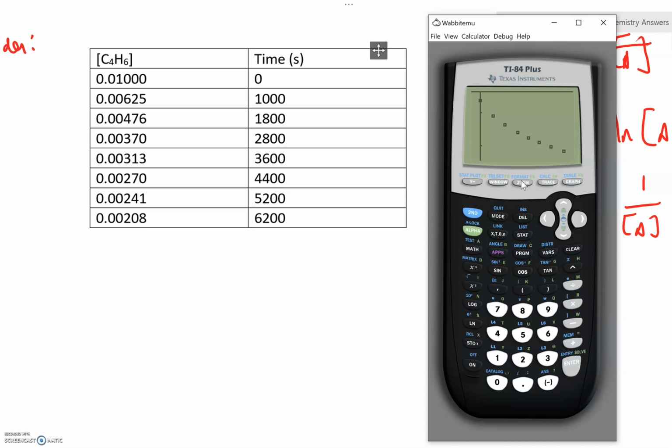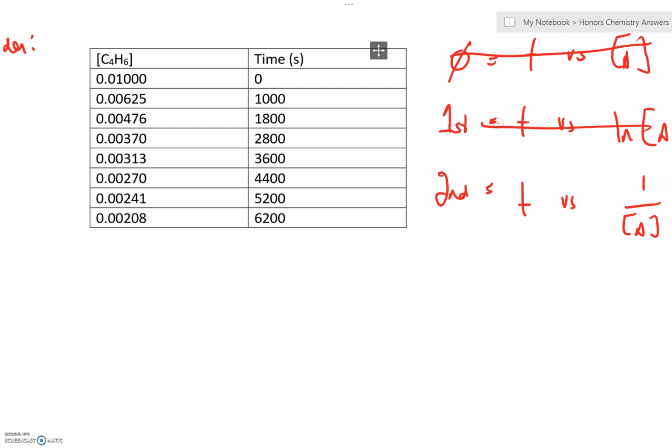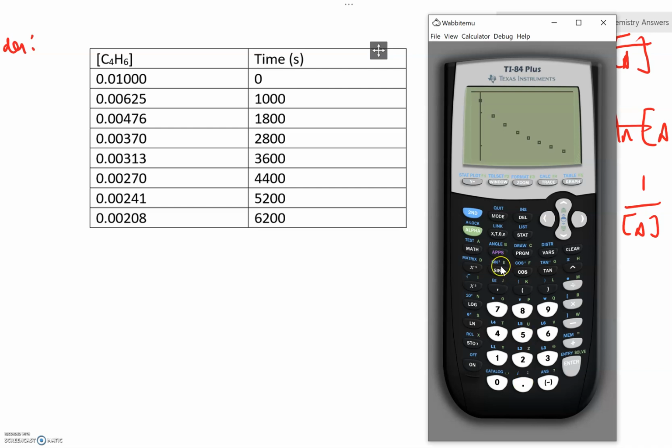So that leaves us with one final option. We're going to tell our calculator to take our data and edit it. We know it's not a zero order reaction because it wasn't a straight line when we graphed straight concentration. We know it wasn't first order because it wasn't a straight line when we graphed natural log of concentration.